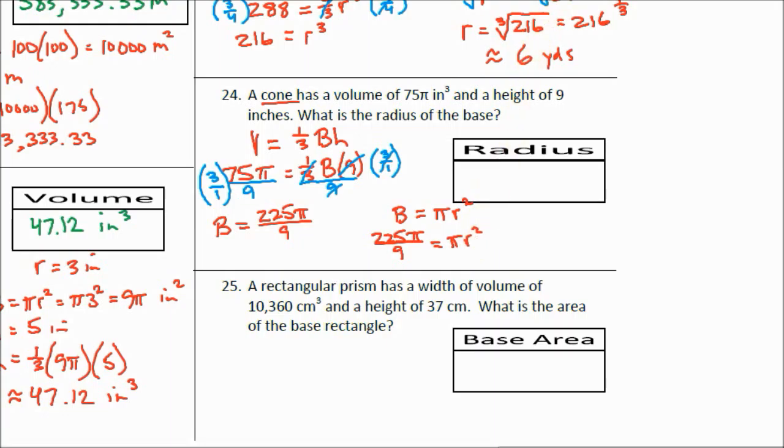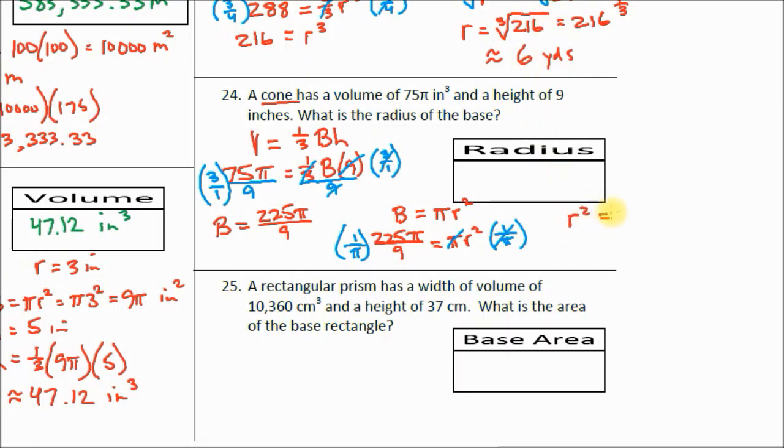To get rid of pi, I'm going to multiply by, or I'm going to divide by, actually I can do this. Let's do the multiply. I'm going to multiply by the reciprocal 1 over pi. This is pi over 1, multiply by 1 over pi. That means I'm going to multiply this side by 1 over pi. My pi and my reciprocal cancel. And I'm going to rewrite this with r on the left.